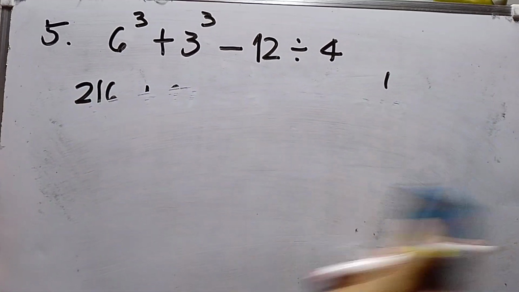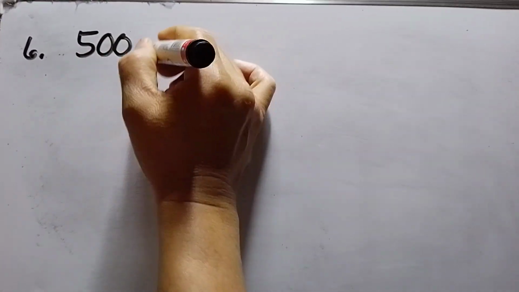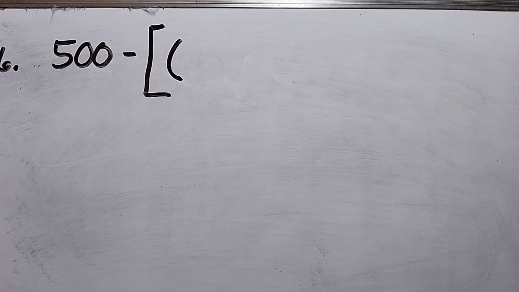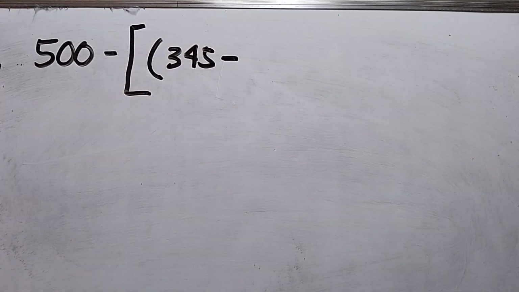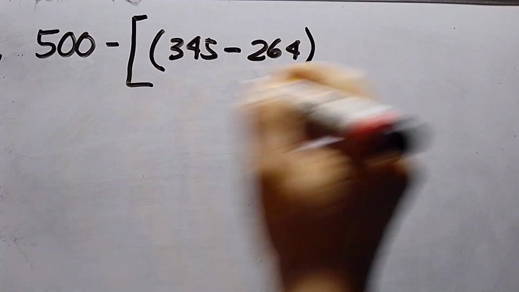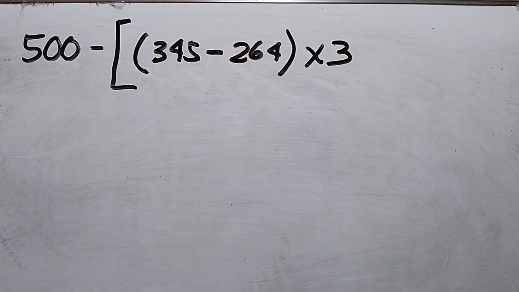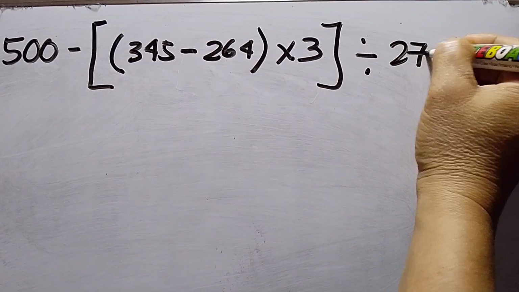Now let's go to the last number, number 6. 500 minus square brackets. I have here round brackets. 345 minus 264, times 3, is divided by 27.